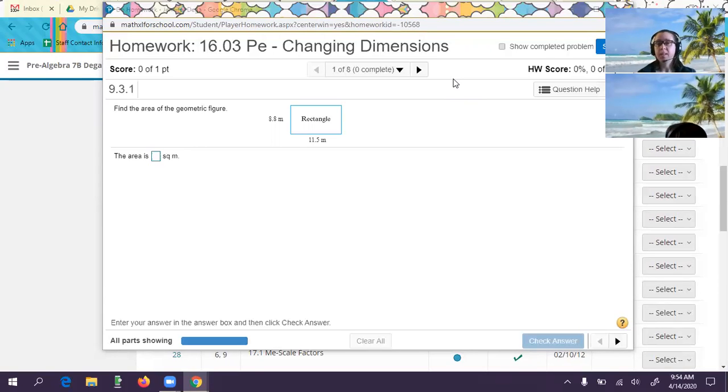All right. So the first question that you end up getting is finding the area of the geometric figure there. So what do we do to find the area? How do we find the area of a rectangle?